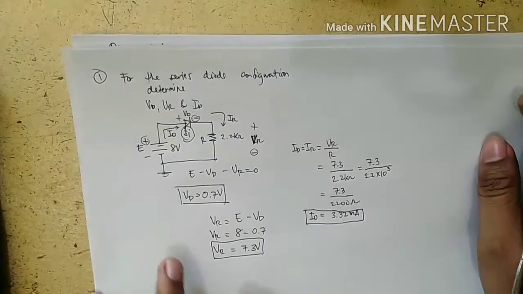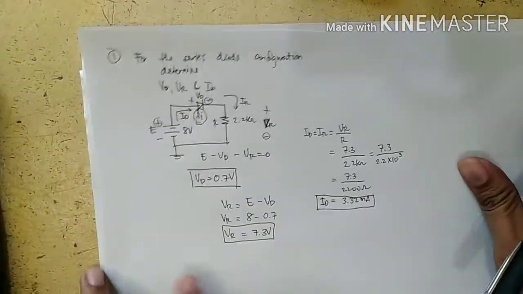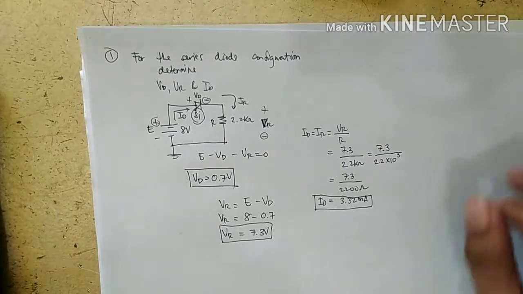So now you have VD, you have VR, and ID.